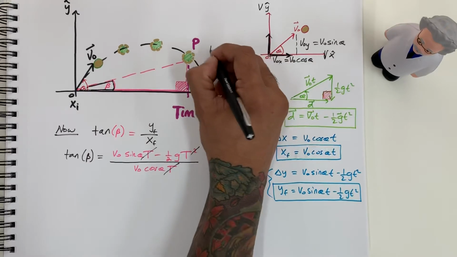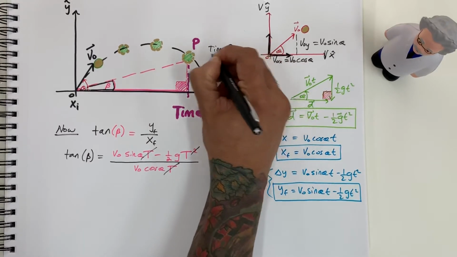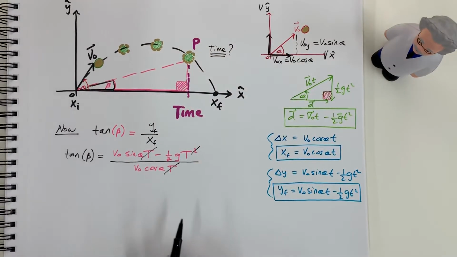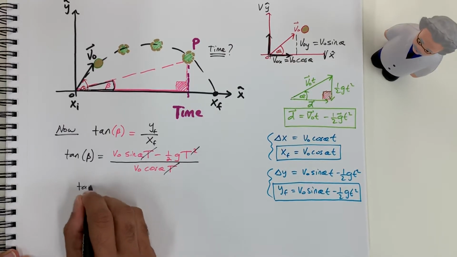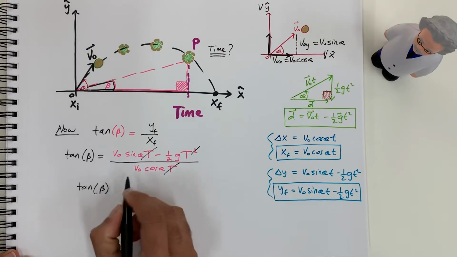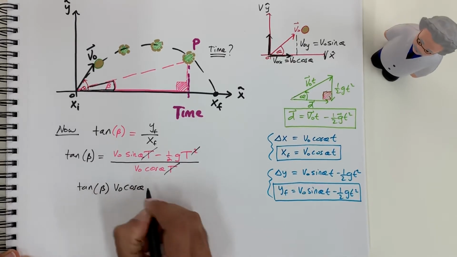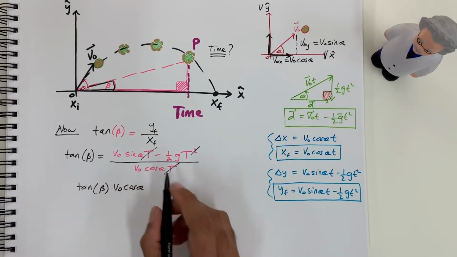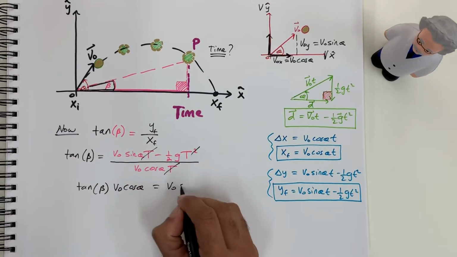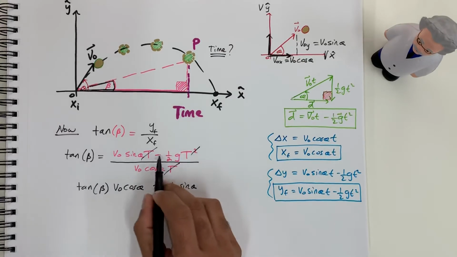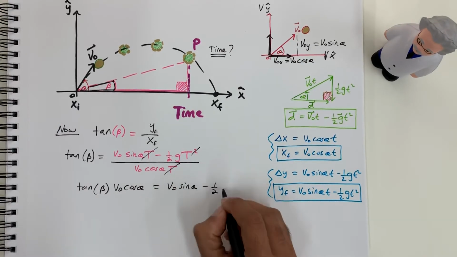At this point here, what is the time? All right, so if I put this on the other side, we're gonna have tangent of beta, v initial cosine theta, and then we're equal to v initial sine theta minus 1/2 gt.